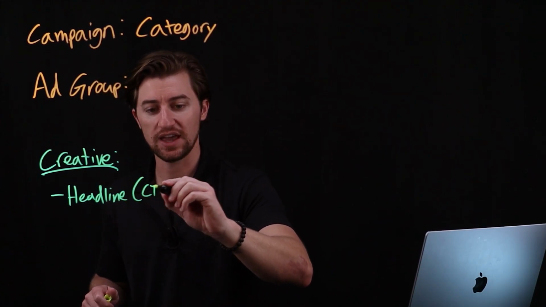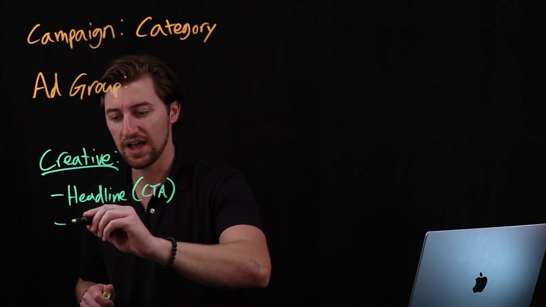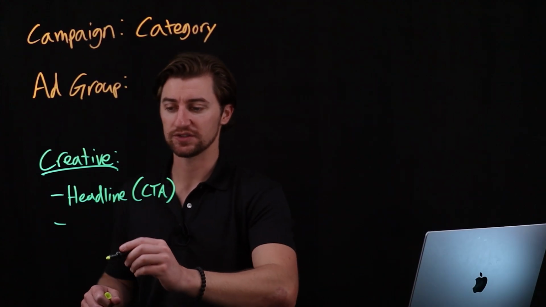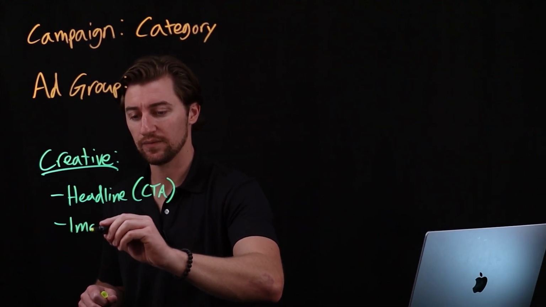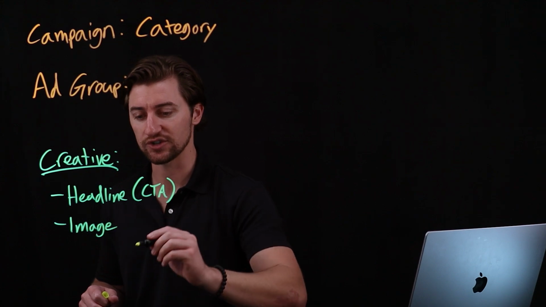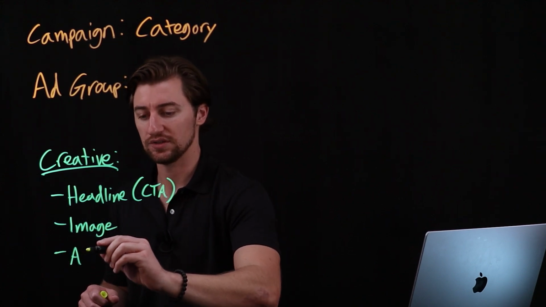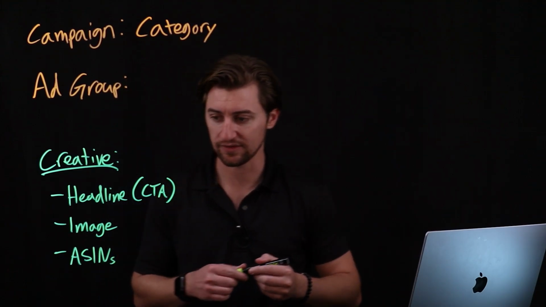And I'm going to put in here CTA, that call to action, because that's going to be a very important element. We're going to have our main featured image or a video if you're doing sponsored display videos. But I'll just put in here the image, and we're mainly talking about that featured image, not necessarily the main images of your products, because down here we're going to be including the ASIN group or the ASIN selection. So we'll make that plural because you can have up to 3.